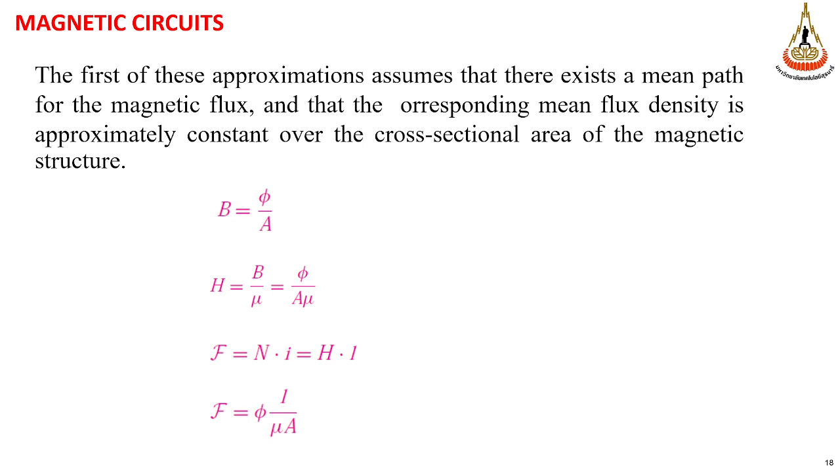From the relations we know so far, B is flux per area, right? This is Weber per square meter. And H is B divided by permeability, right? Therefore, B is flux per area. We substitute here. The magnetomotive force is N into I, or H into L. Therefore, we substitute H here, right?